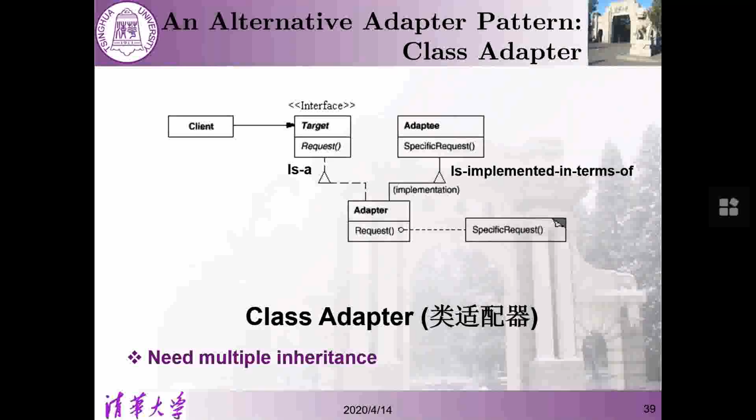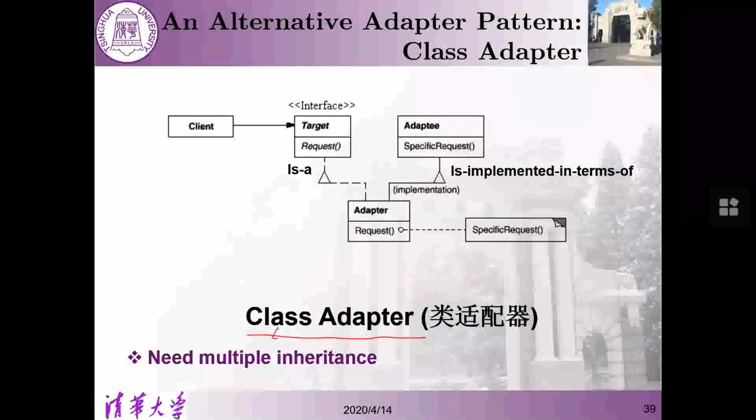So that is the adapter design pattern using an object adapter. However, there's another type of adapter, which is called a class adapter. A class adapter adapts by class inheritance. Originally, the third-party class was composed as a member in the adapter.